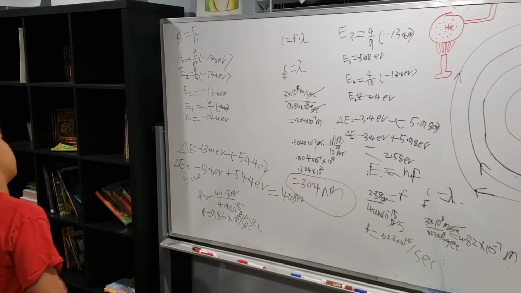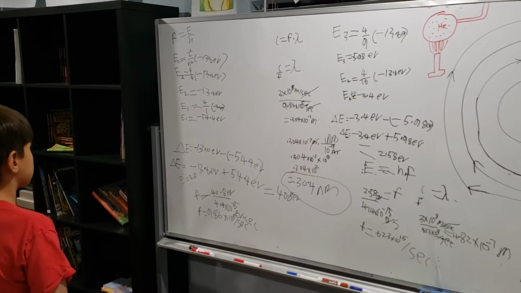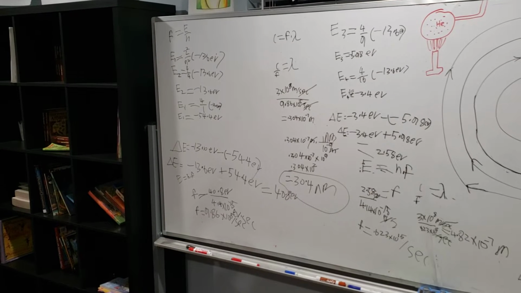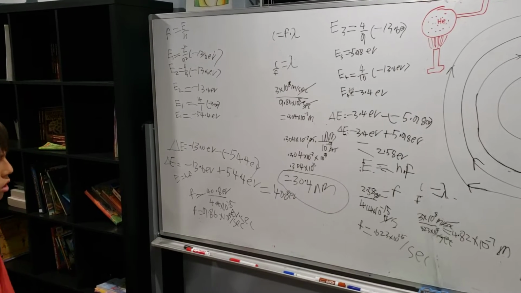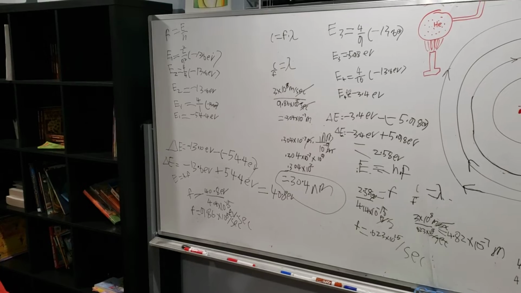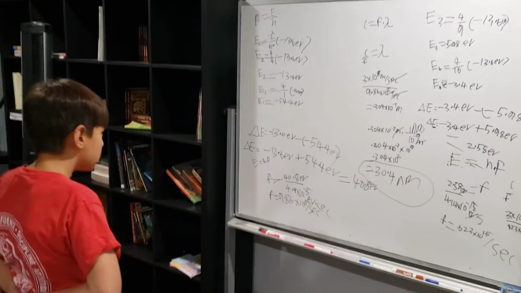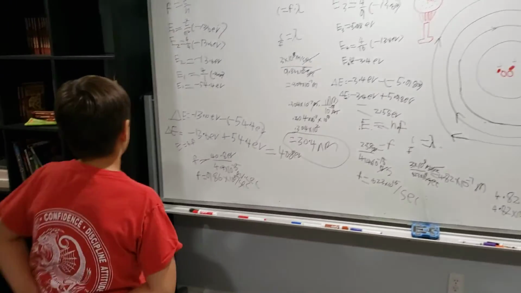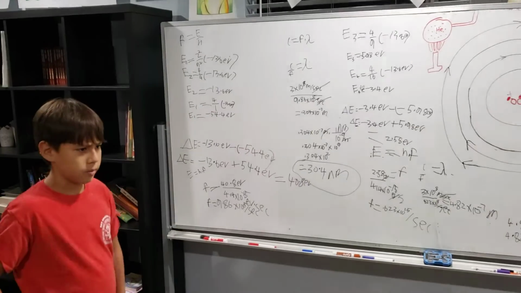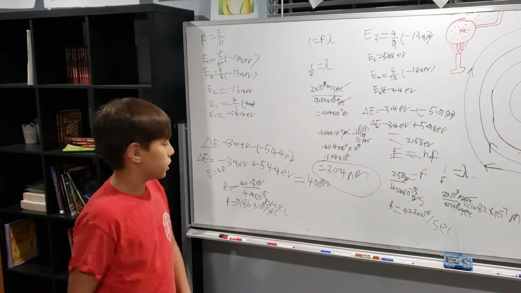En equals Z squared divided by N squared times negative 13.6. What's Z mean? Z means the number of protons. The number of protons. Okay, and you're talking about the principal quantum number.